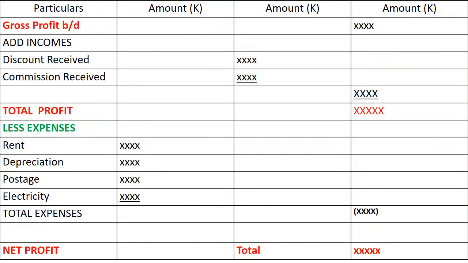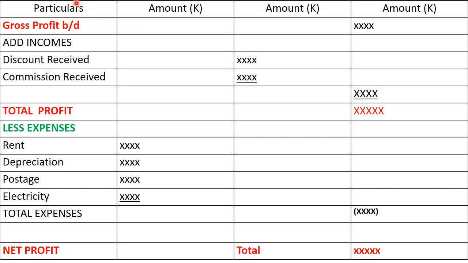So this is the layout of the profit and loss account. Of course, just like any other accounting table, on top, don't forget to put the title. I'm not showing the title because I just want to maximize visibility so that you can see everything, considering the fact that most of you are watching this video on your phones.